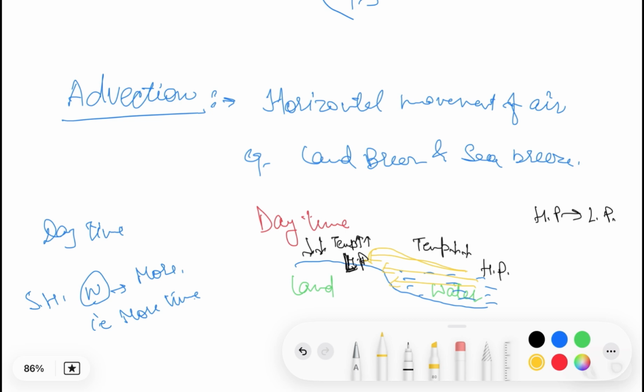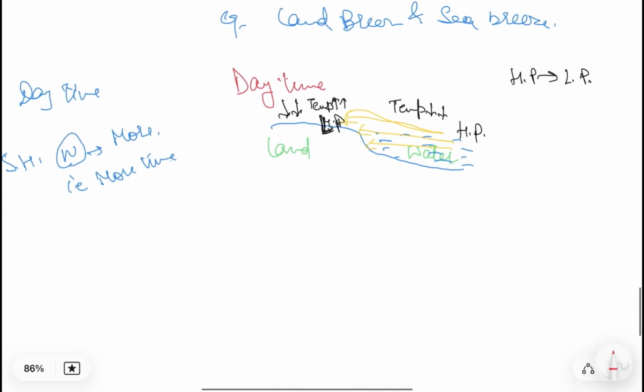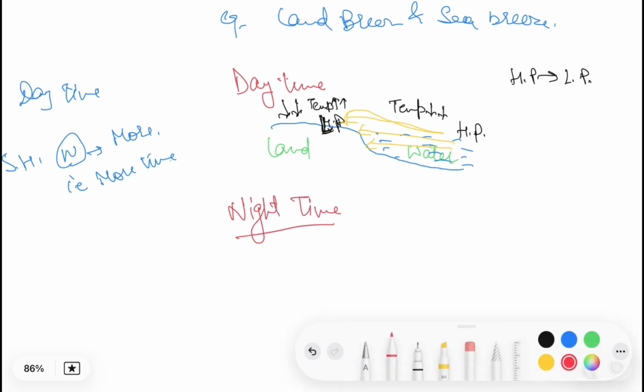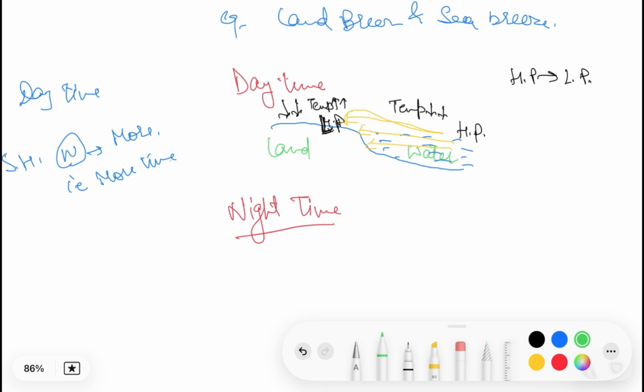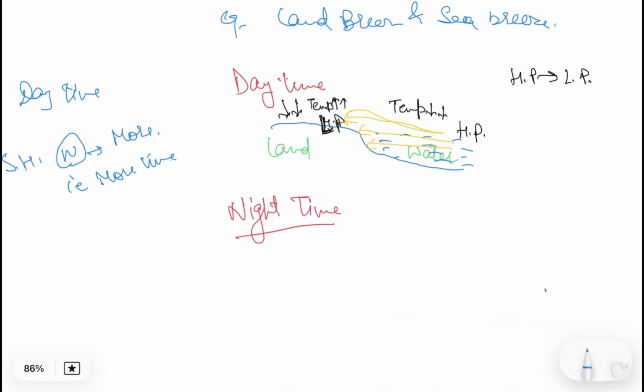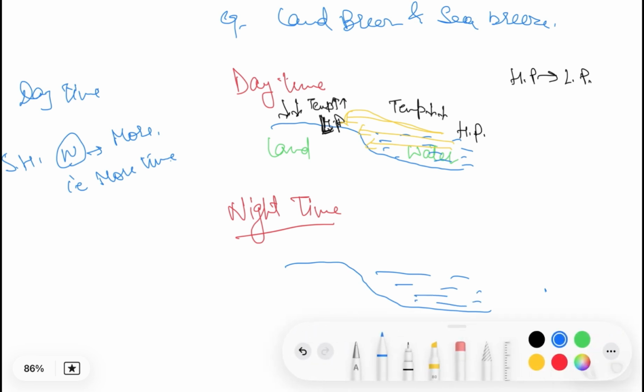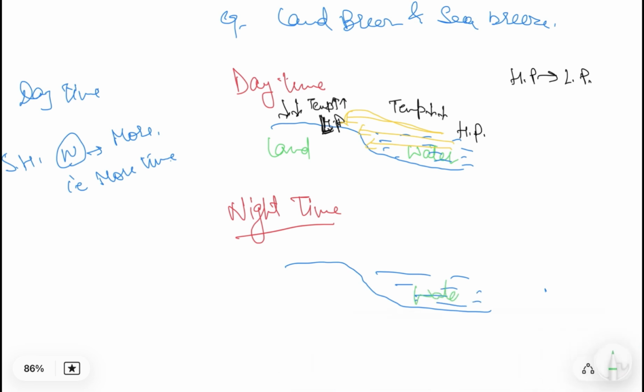And at night time, this is water and this is the land surface.